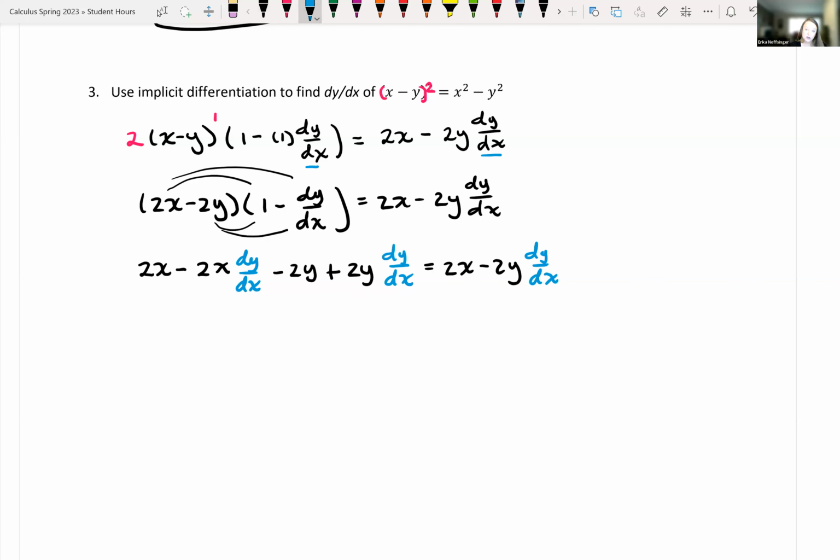So I want to get all the terms with dy/dx on one side, and all the terms without the dy/dx on the other side of the equation. So let's subtract 2x on both sides. Let's add 2y to both sides.